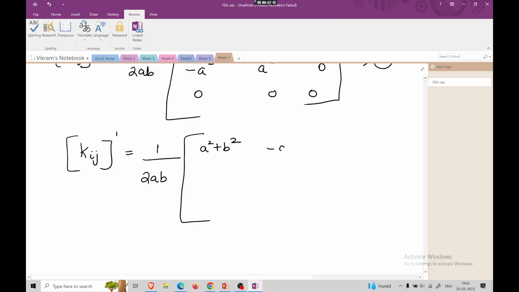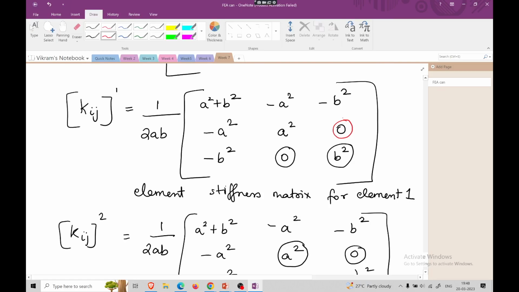So like this, one by one you have to assemble. So what is the K31 of the global matrix? K23 of the first and K32 of the second. Correct? Is this right? 0.